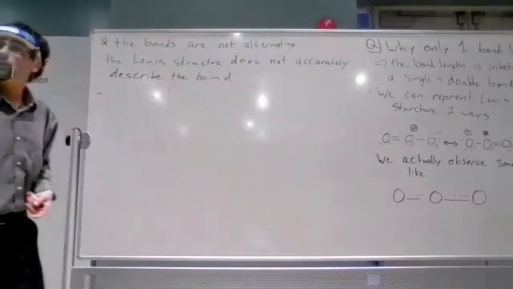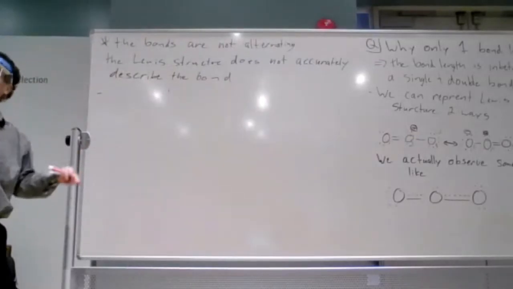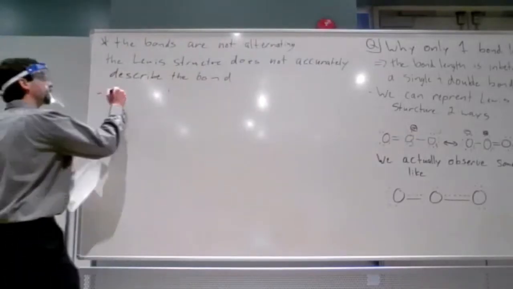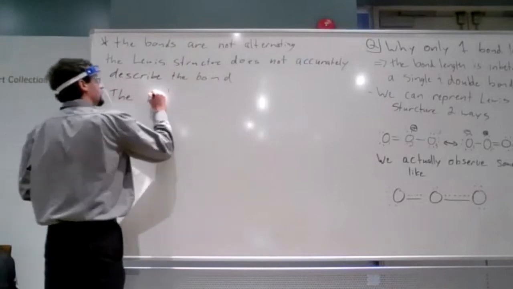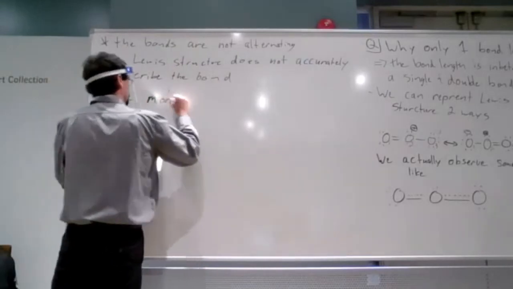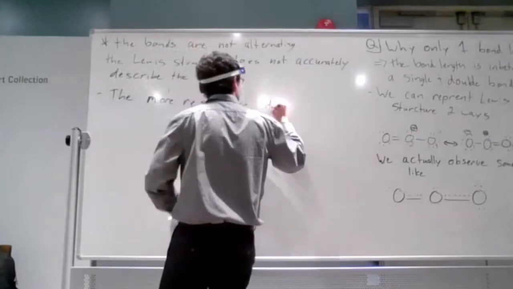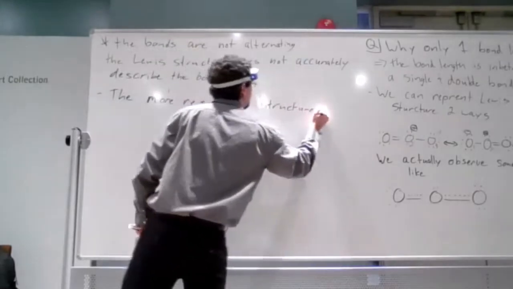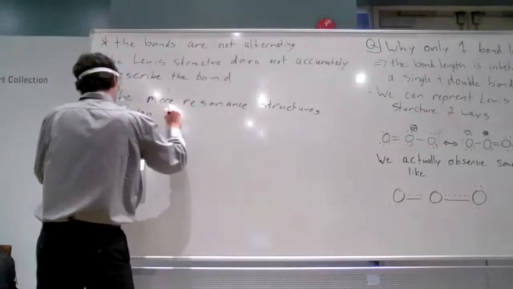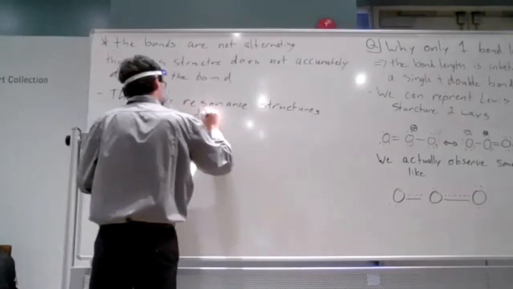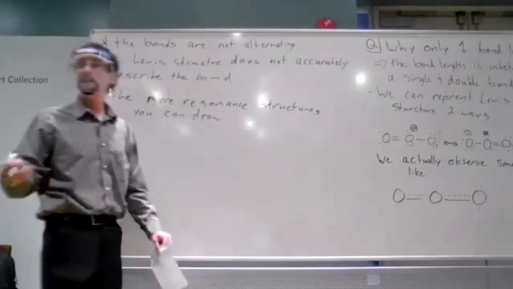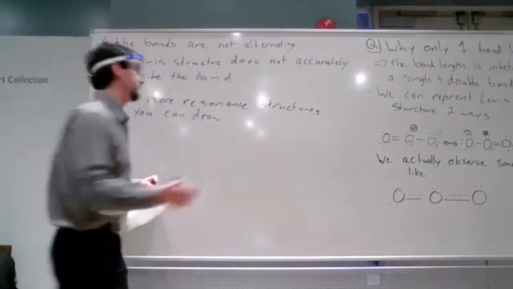And if you can draw more resonant structures, you actually have a more stable system. So the more resonant structures you can draw, it often indicates a higher stability.